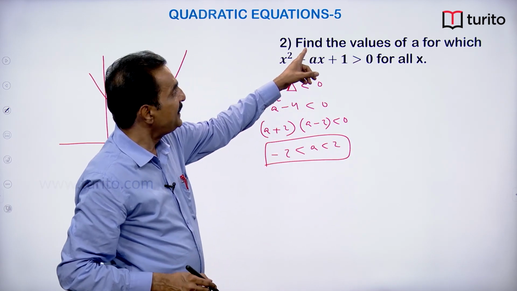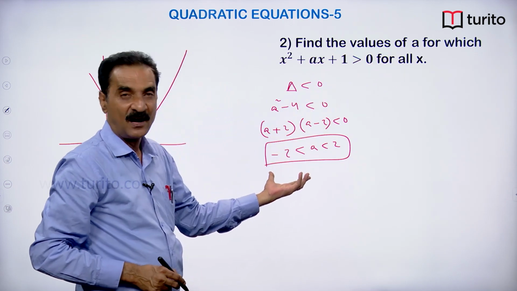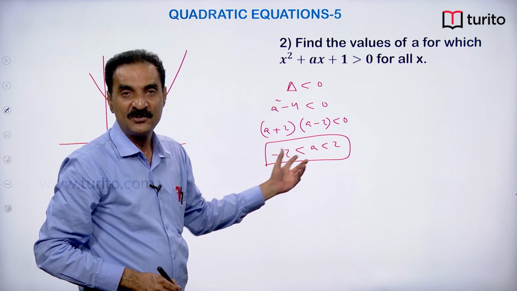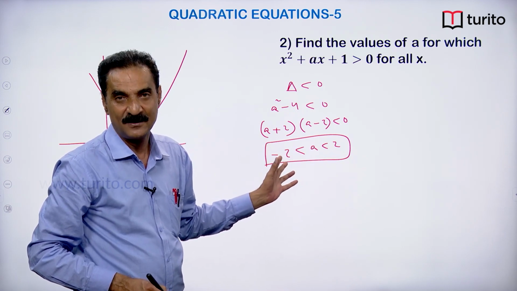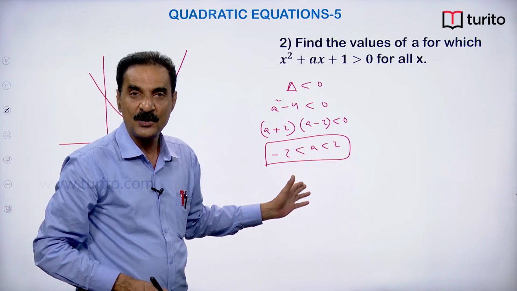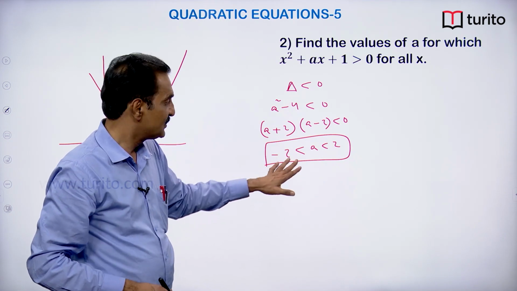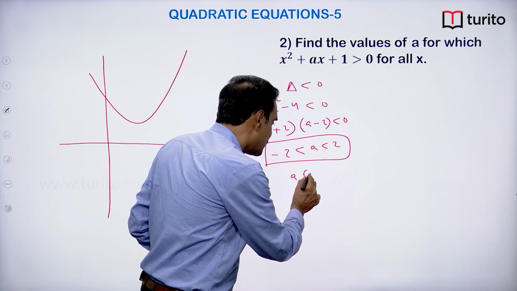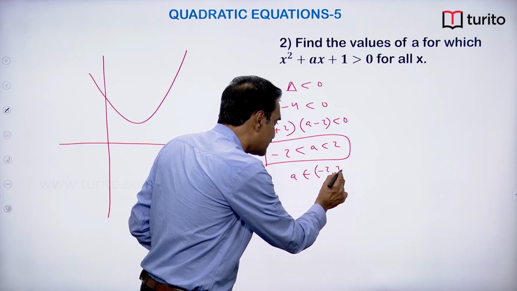Okay. Find all values of a. The values of a are the open interval minus 2 to 2. When end values are not included, it is called an open interval. When end values are included, it is called a closed interval. So, this is the answer. You can also write it as a belongs to the open interval minus 2 to 2.